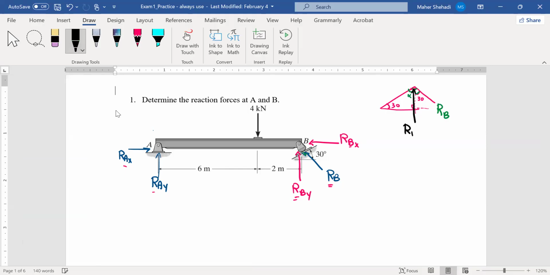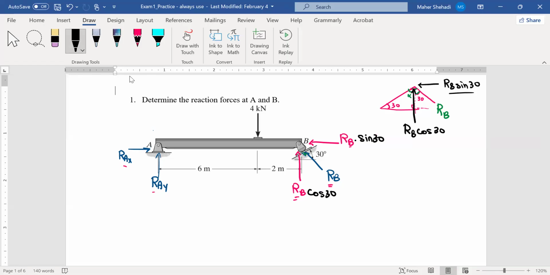That's RB cosine because it's adjacent to the angle, whereas the X component is RB sine because it's away from the angle. So now I don't have RBX, actually. I have RB. I can leave it, but just in order not to be confused by how many unknowns we have, this would be sine 30, and this would be cosine 30.